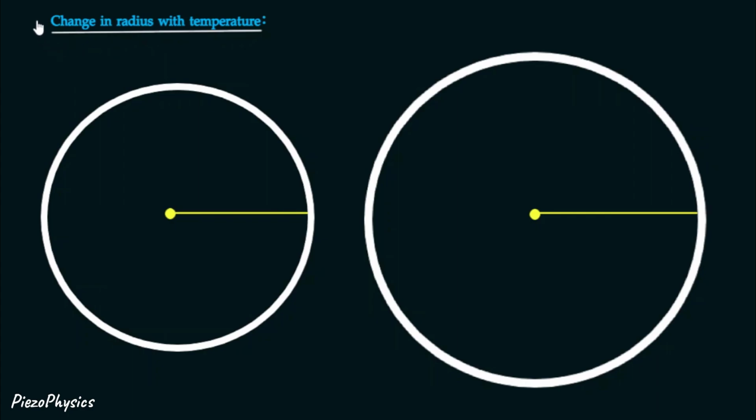Now let us discuss what will be the change in the radius if we increase the temperature, right? So consider initially we have a ring of radius capital R. If its temperature is increased by delta T, then at the new temperature T plus delta T, we will have a new ring of radius R dash. Generally, this radius will be equal to R into 1 plus alpha into delta T. So that is the change in the radius with temperature.